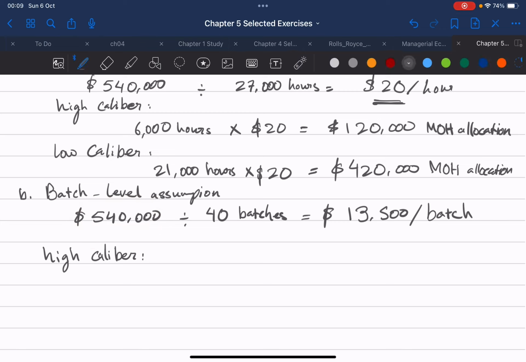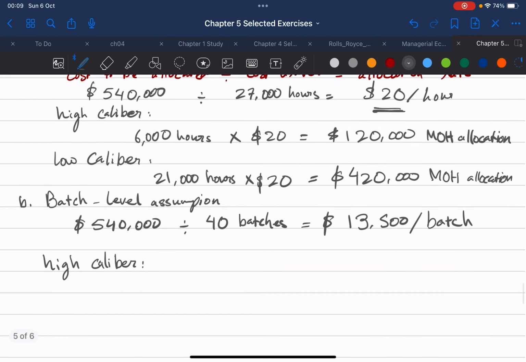But let's run the numbers. We're going to say 20 batches multiplied by 13,500. That's 270,000.